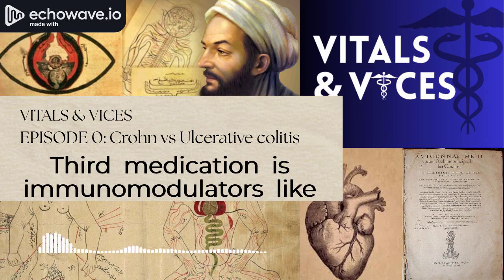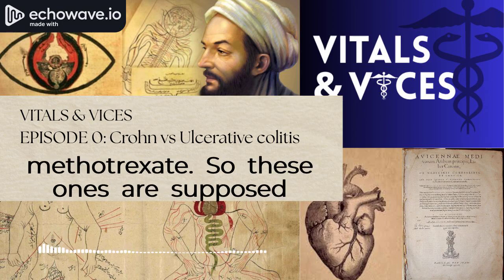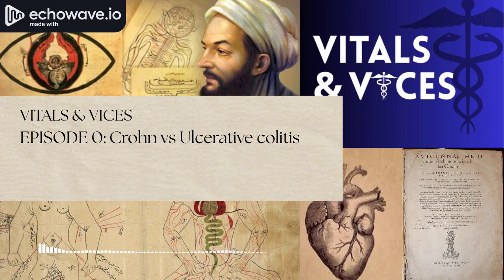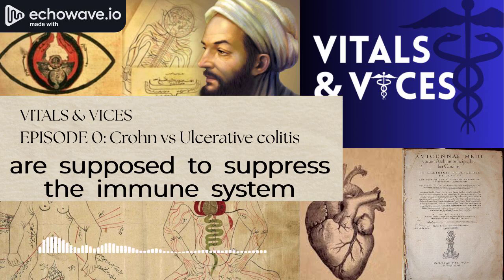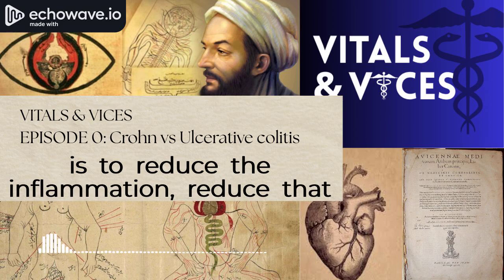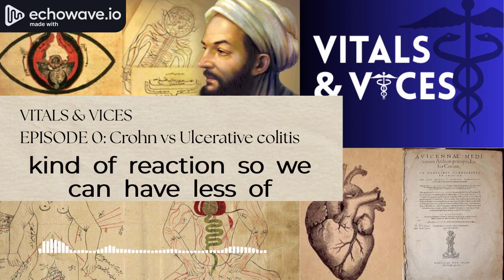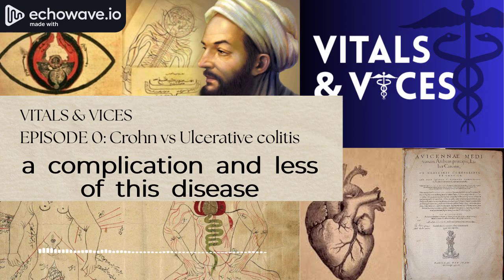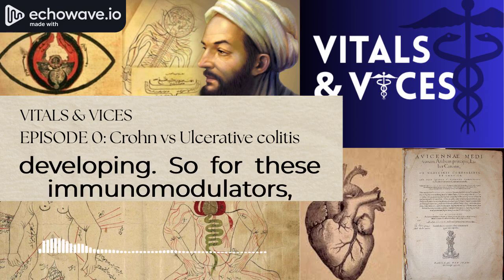Third medication is immunomodulators like methotrexate. These are supposed to suppress the immune system over a longer period, because the objective is to reduce the inflammation, reduce that kind of reaction, so we can have less of a complication and less of this disease developing.